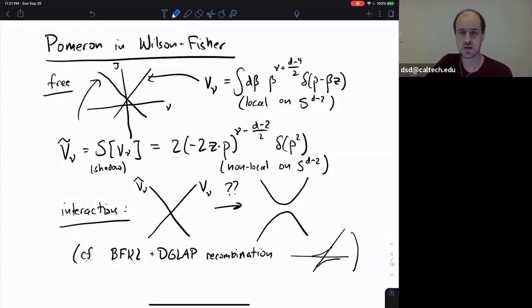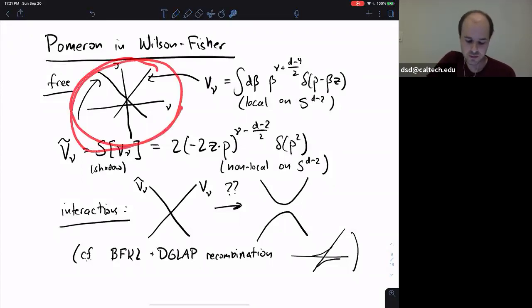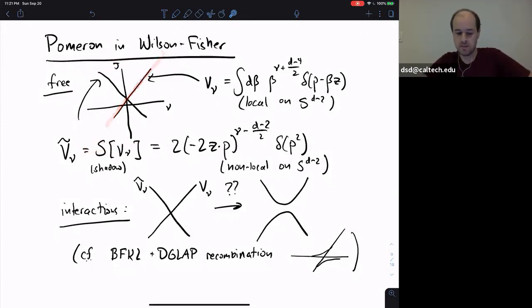To do that, let's start in the free theory. So in the free theory, the Chew-Frautschi plot looks like this. It's just a pair of 45-degree lines. This 45-degree line is the Regge trajectory corresponding to the higher spin currents in the free theory. And here for simplicity, I'm just talking about 2 phi operators.